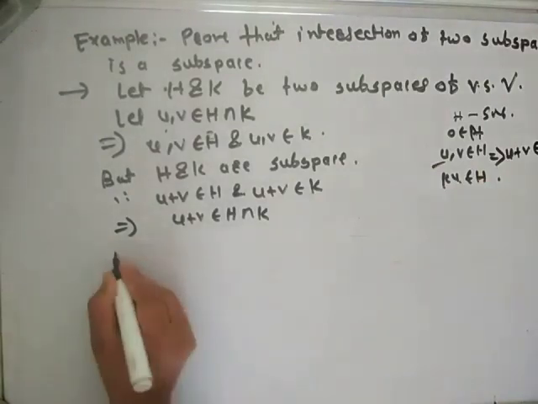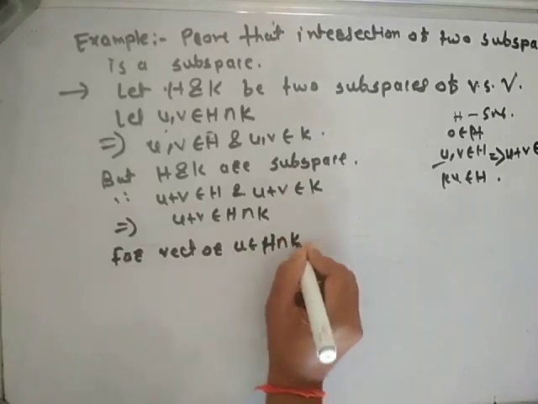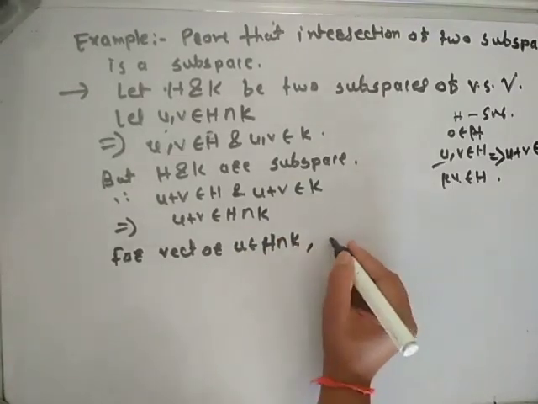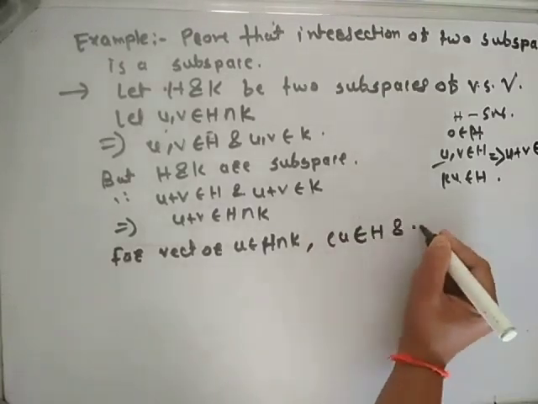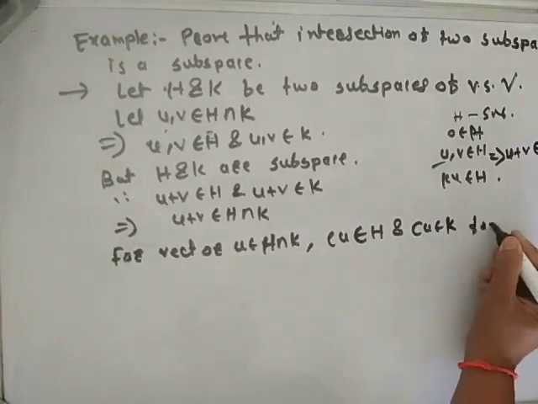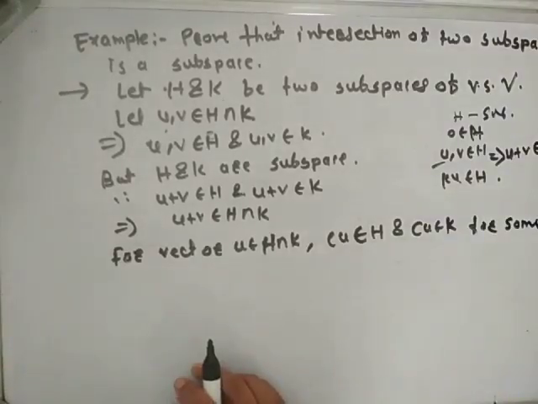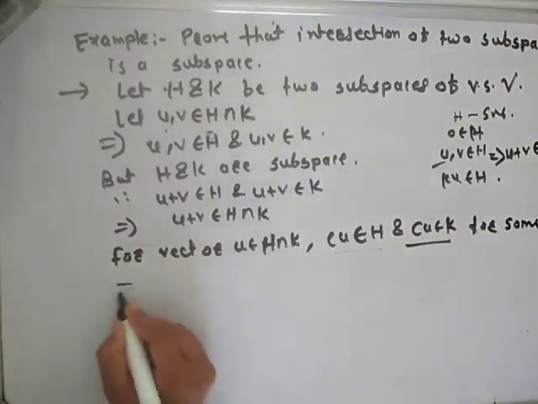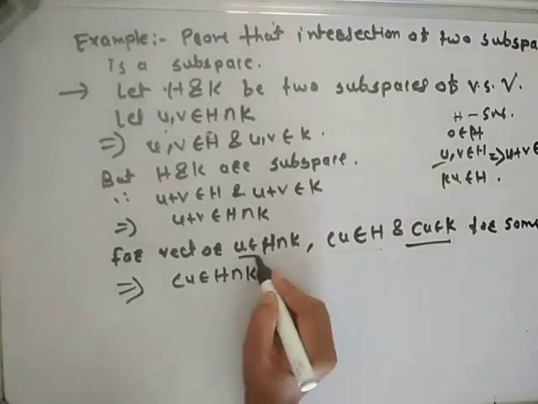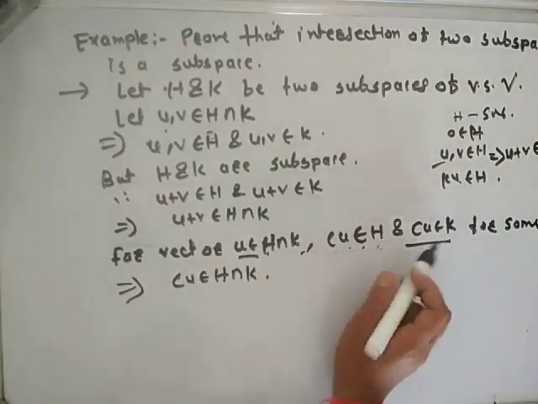Now third, for vector u belonging to H intersection K, c into u belongs to H and c into u belongs to K for some c belongs to R. c into u belongs to H and c into u belongs to K. That implies c into u belongs to H intersection K. This step implies u belongs to H and u belongs to K. In the next step, c into u belongs to H and c into u belongs to K, because H and K are subspaces.